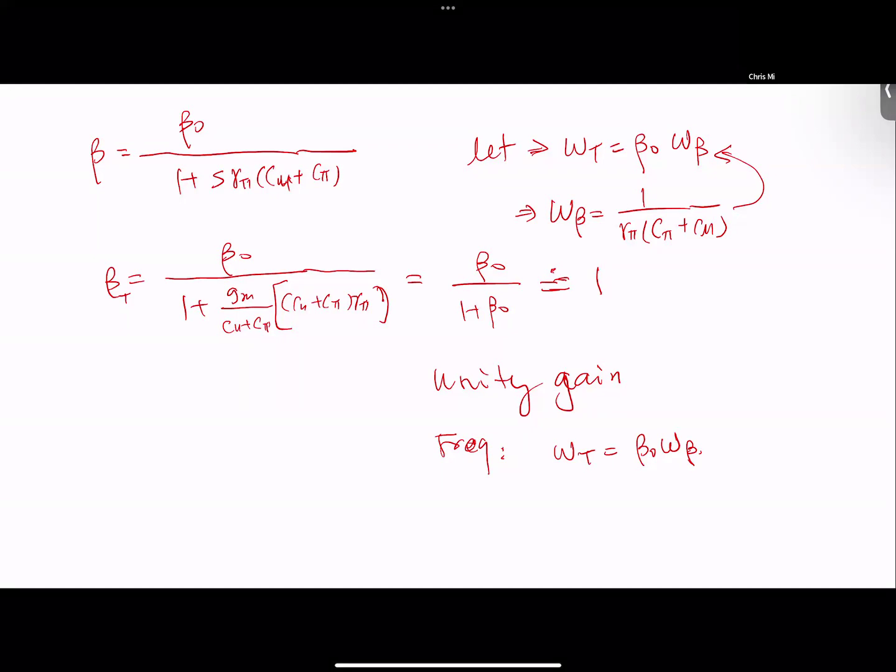But for MOSFETs, it was in the tens of gigahertz. So apparently a BJT is typically 10 times or even 100 times worse than a MOSFET for high frequency. The frequency band is much narrower for BJTs than MOSFETs. So that's the intrinsic property of this.